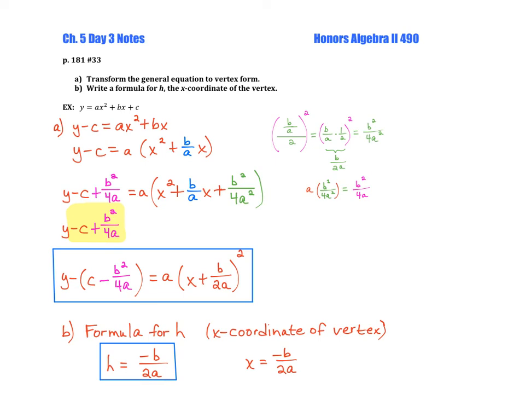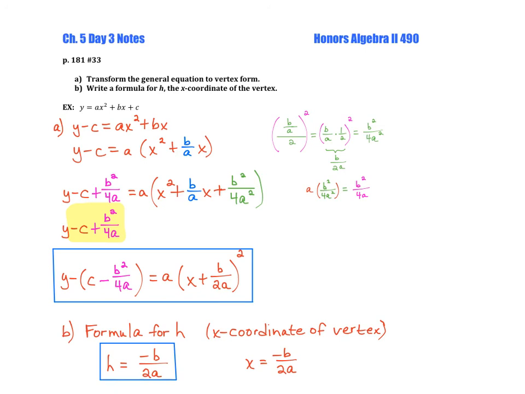This value right here represents all of this before we squared it. It's just that it's simplified. So b divided by 2a was what the value was before we squared it. That's what represents the second term of the binomial. And again, we're going to bring the appropriate sign down. So in this case, it was a positive up here. It's going to be a positive down here.